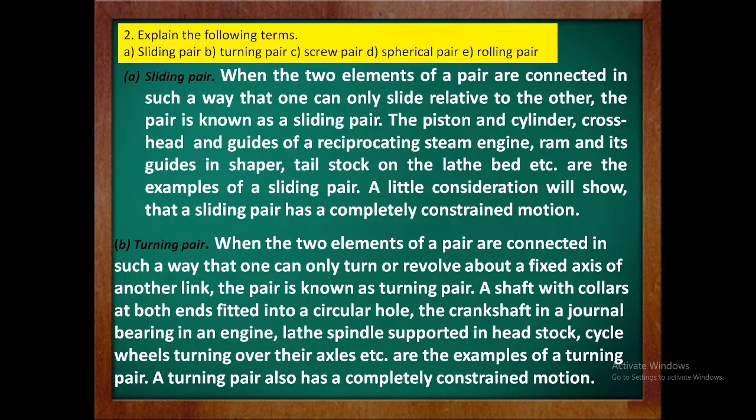Second one, turning pair. When the two elements of a pair are connected in such a way that one can only turn or revolve about a fixed axis of the other element, the pair is known as a turning pair.